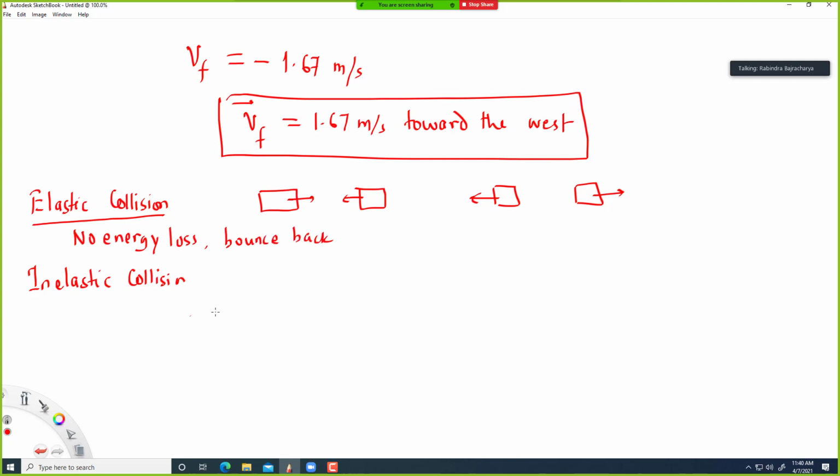Whereas in case of inelastic collision, they collide and then they get stuck. Okay, so they become a single object. So there is energy loss.